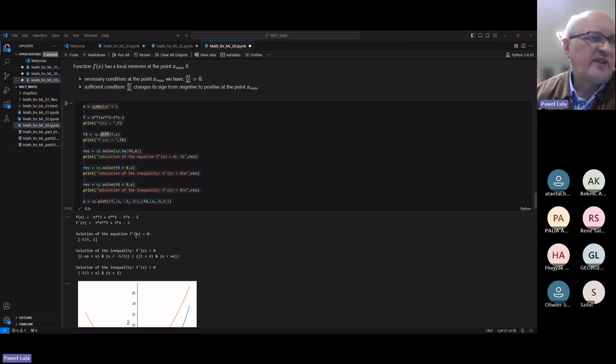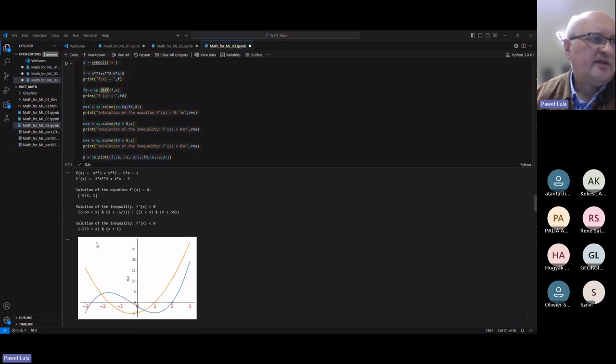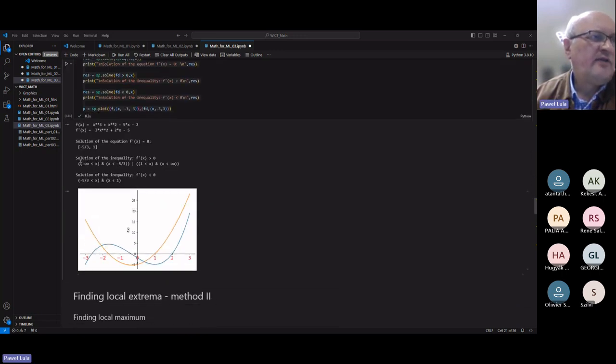Solution of the equation, the first derivative is equal to 0, and solutions are here. 2 points: minus 5 thirds and 1. Minus 5 thirds is here, and 1 is here. So we know points in which the first derivative is equal to 0.